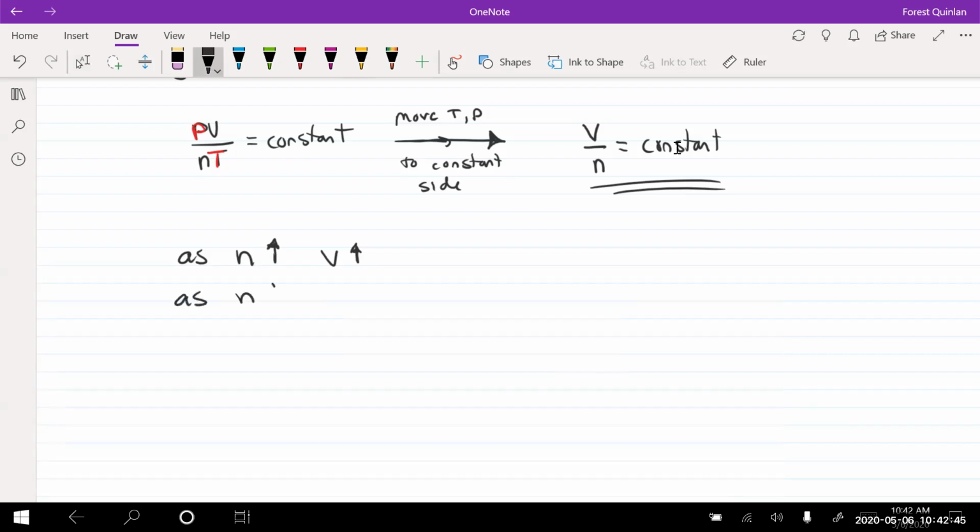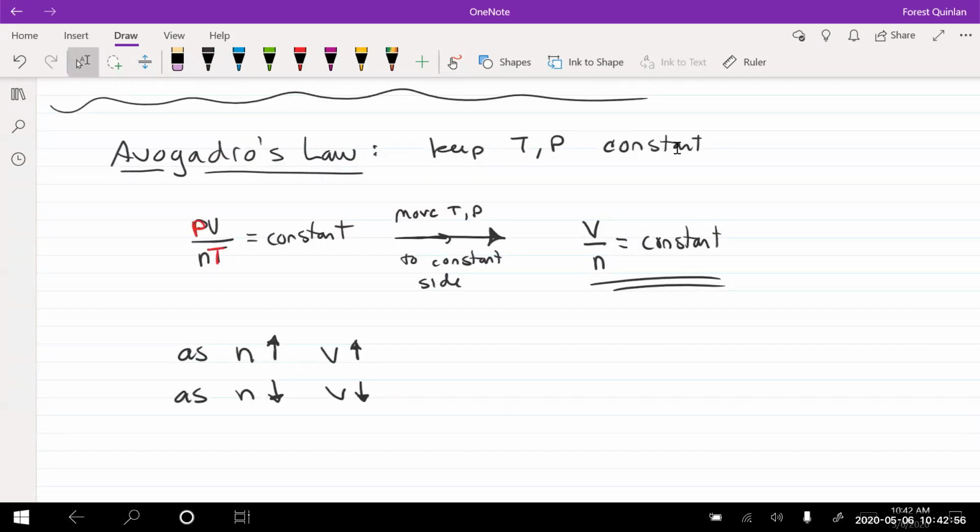And as the number of moles decreases, as you let stuff out of the balloon, the volume, of course, will go down. He keeps temperature and pressure constant. He looks at moles versus volume. And say, what is that relationship?